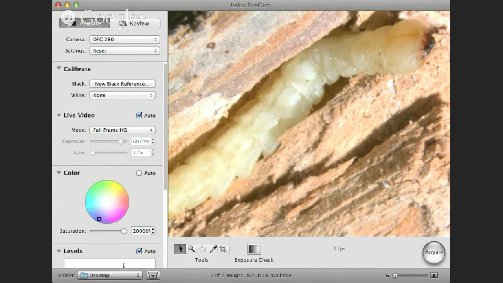All working together, making these serpentine galleries under the bark, they've done enough damage to cut off all the flow of nutrients and water up the tree, which is what causes the death of the tree that we're seeing. So that's a little description of what they look like and their life cycle, and I think it's really important to understand that.